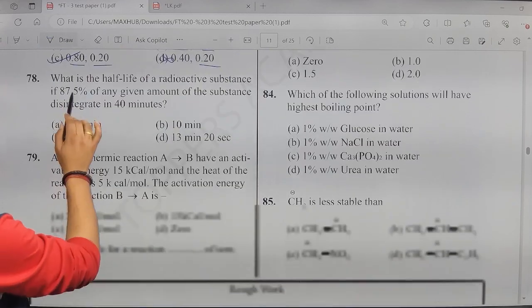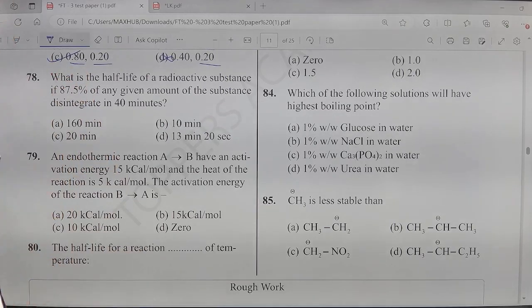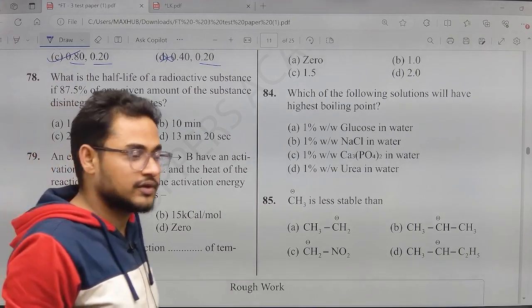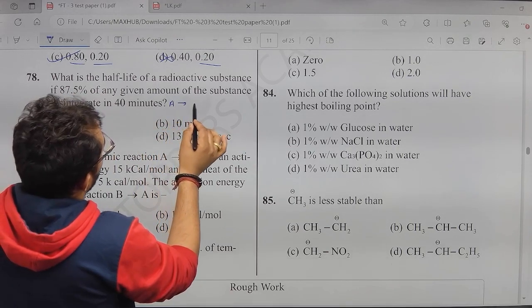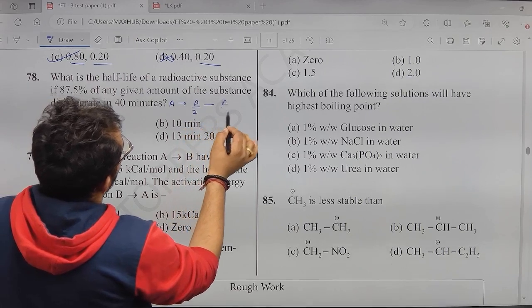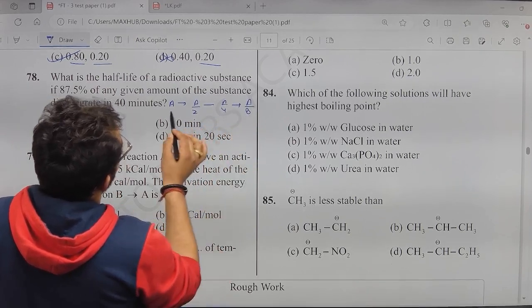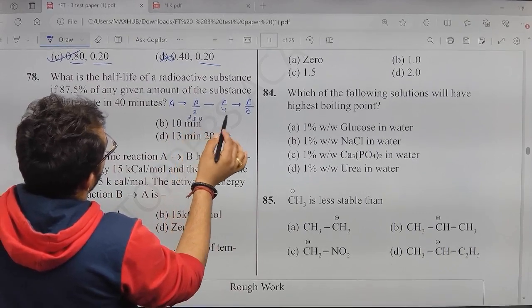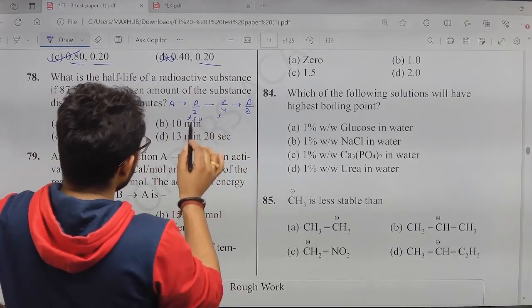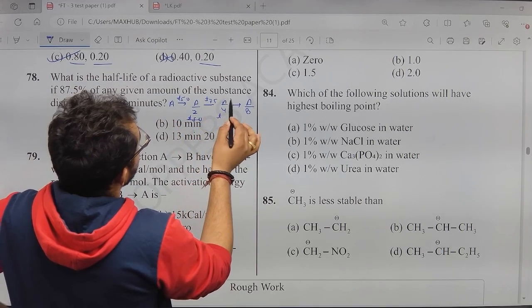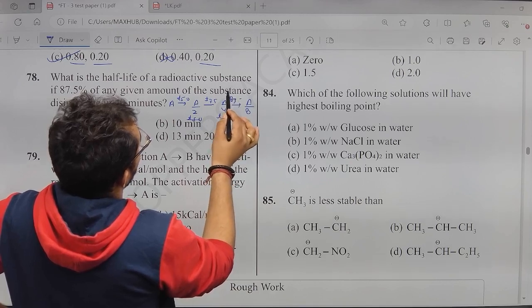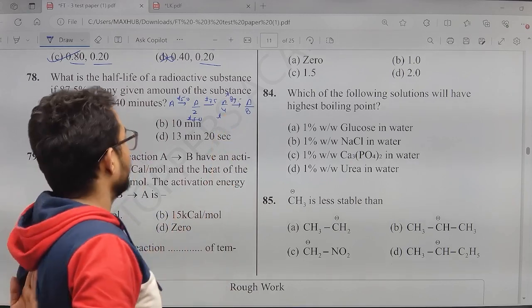Now 78th. What is the half-life of a radioactive substance if 87.5% of the given amount of substance disintegrates in 40 minutes? It is a first order reaction. How to solve? A naught goes to A naught by 2, then A by 4, then A by 8. That is T50, T75, T87.5.